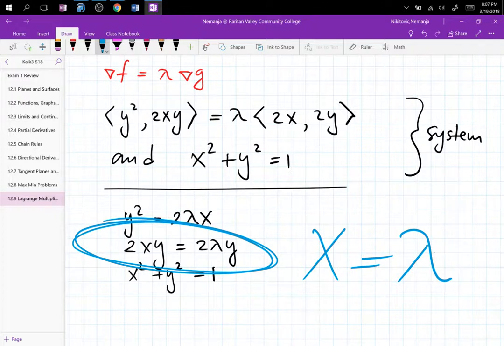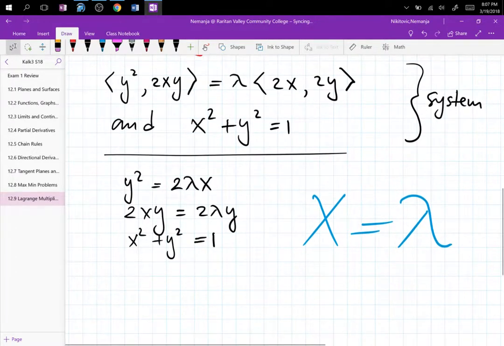So we don't want to divide both sides by y here. But we can make the argument that x is equal to lambda because 2y and 2y are the same thing. Well, since that is equal and only x and lambda are different, then x must be lambda. Great. So that allows me to actually kill all lambdas and rewrite this system.